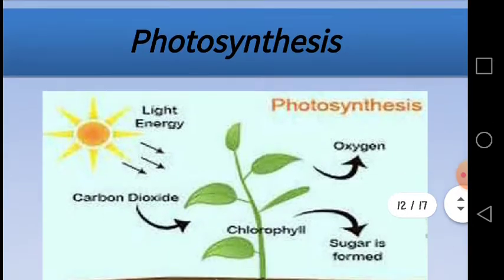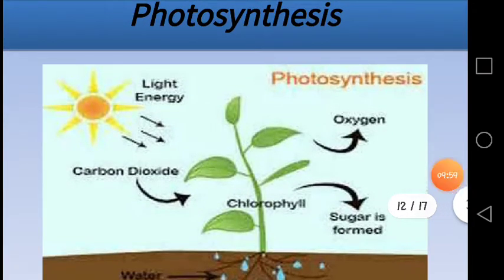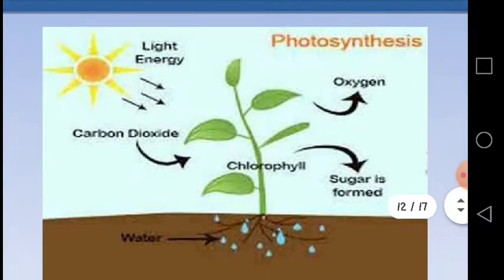Dear students, now we are going to focus on photosynthesis. Photosynthesis, as the name shows, is synthesis because of the light. The green plants have a very special pigment called chlorophyll. This pigment is very helpful for the process of photosynthesis.